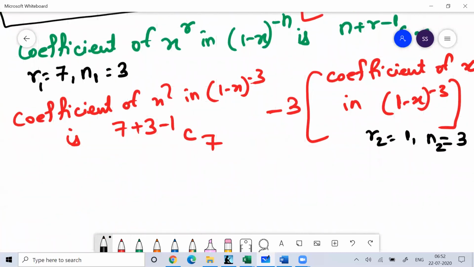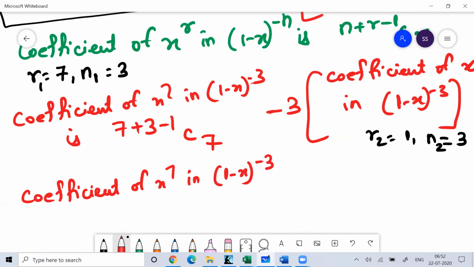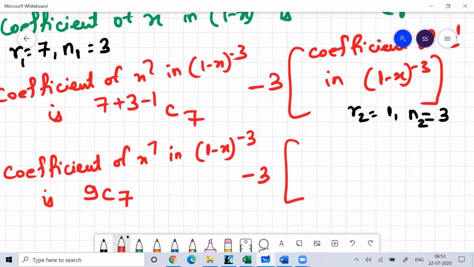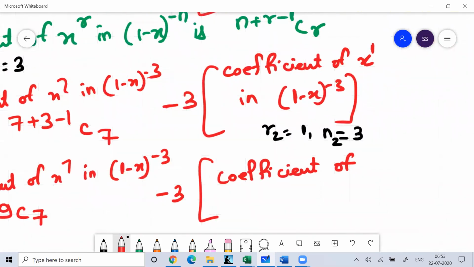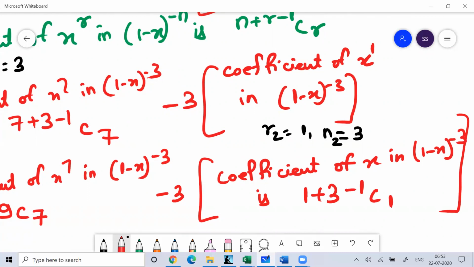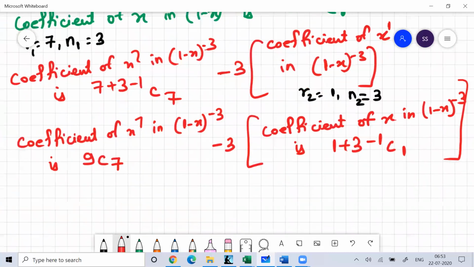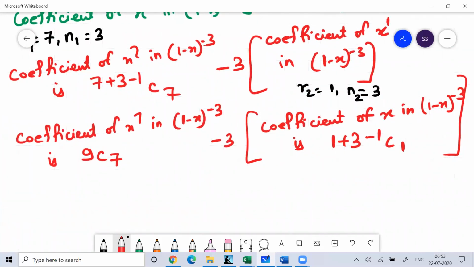So now going further, you can say finally your answer is the coefficient of x to the power 7 in (1 minus x) to the power minus 3, which is basically 9C7, minus 3 into the coefficient of x in (1 minus x) to the power minus 3, which is basically 1 plus 3 minus 1 C 1. So you can say this is nothing but 9C2.